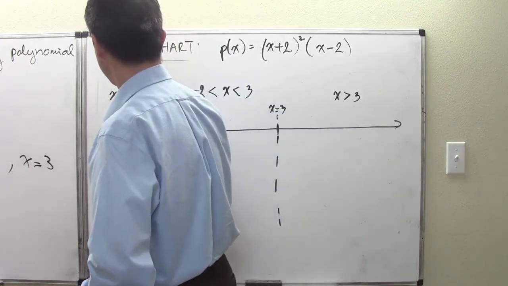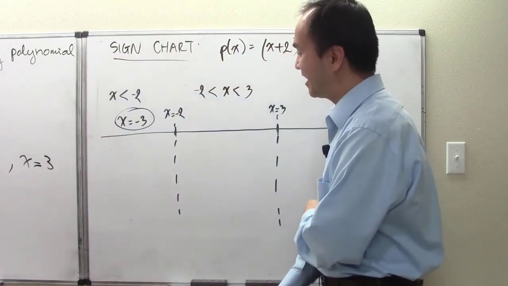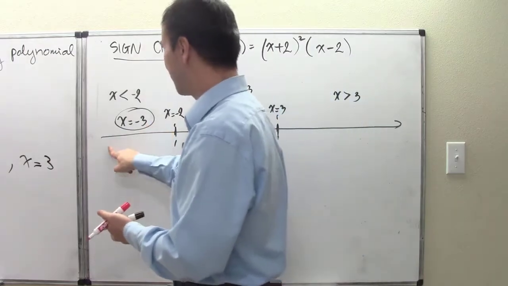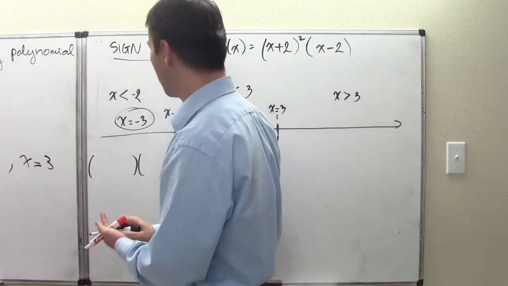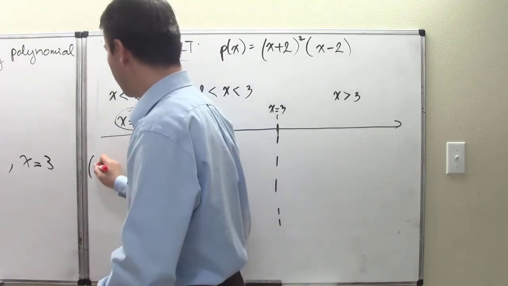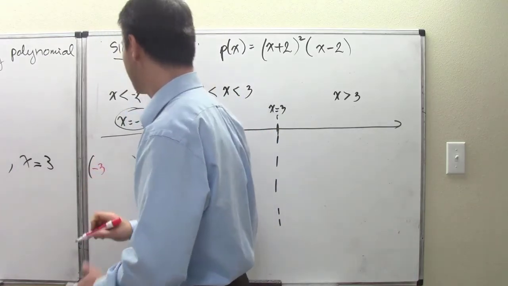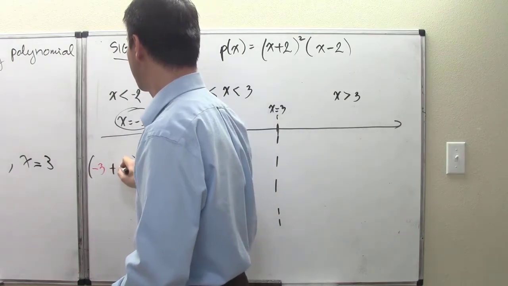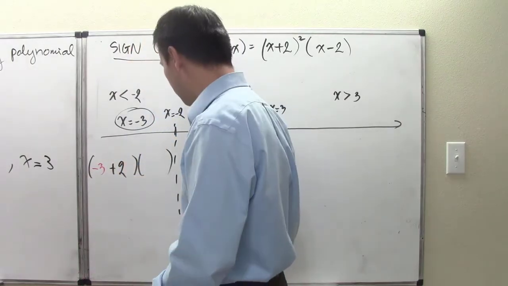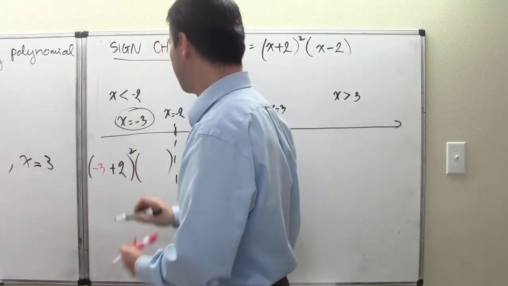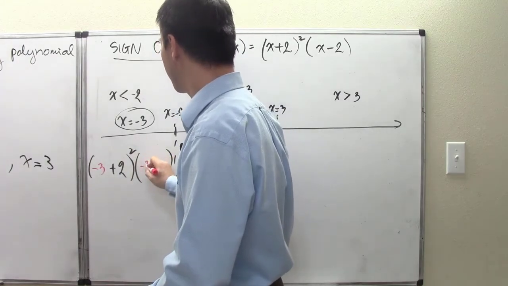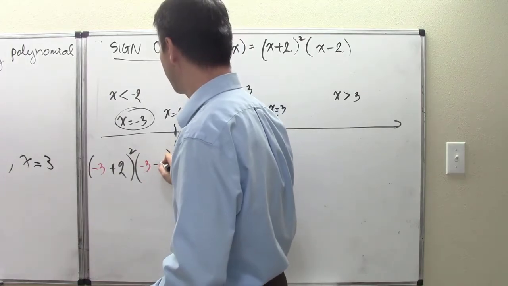That's my choice. After picking that, I'm going to substitute it into the product form of my polynomial. So negative 3 plus 2, raised to the square power, and then negative 3 minus 2.